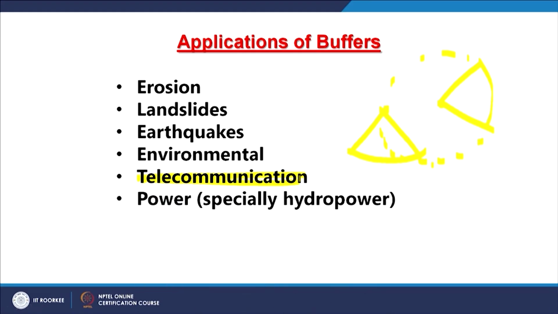In power supply, especially hydropower, there also buffers are used, because we can analyze how much loss in the power will be there if the energy has to be transported to a large distance. From that point of view, buffers can be generated, and these things can be estimated even before a power line is put in the field.